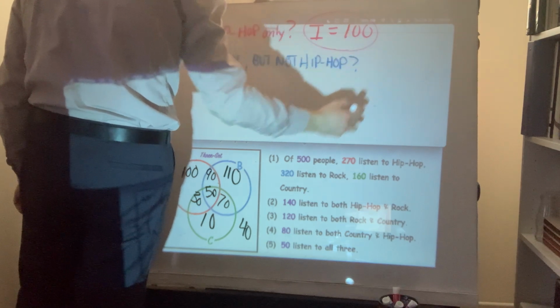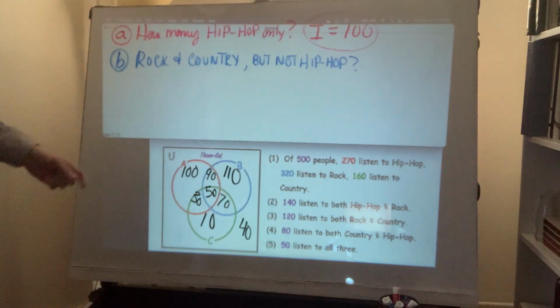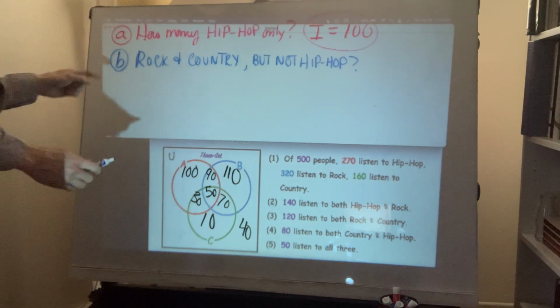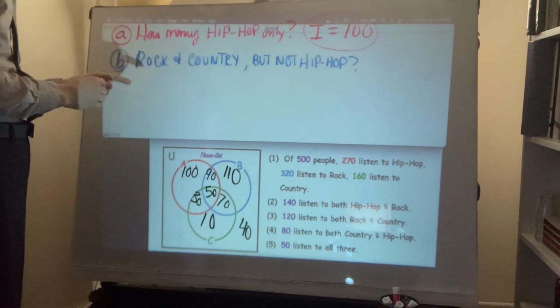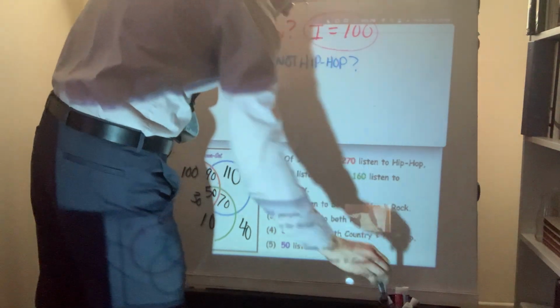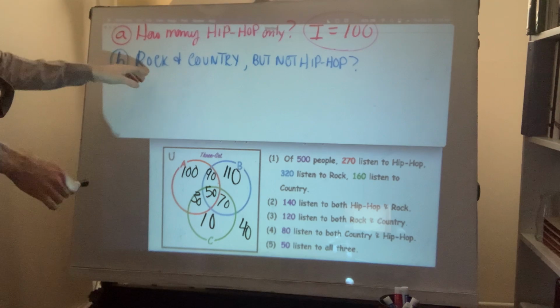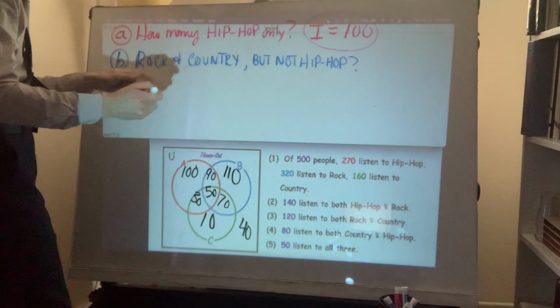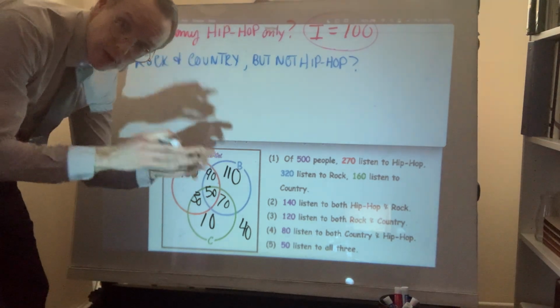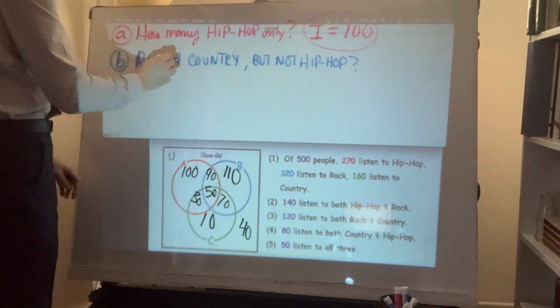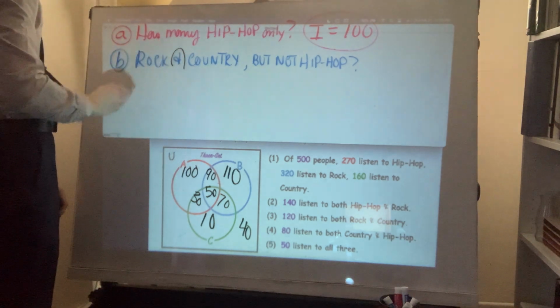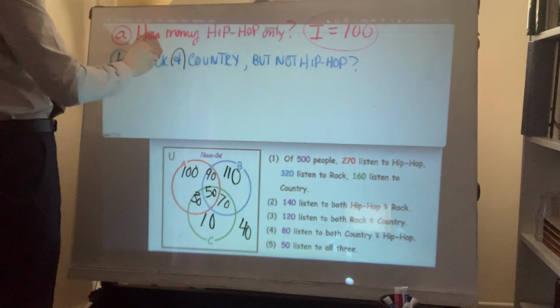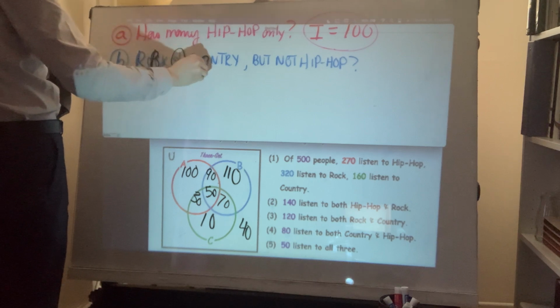Let's try to identify this as being something like Roman numerals, or something akin to it at least. Start with the first fragment of the sentence here. How many listen to rock and country? If it's "and" in the strictest sense of the word, it would be the intersection of these two things, so the intersection of B and C specifically.